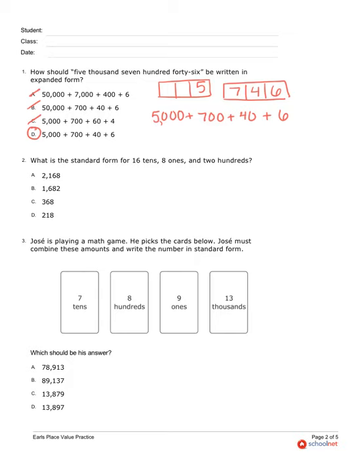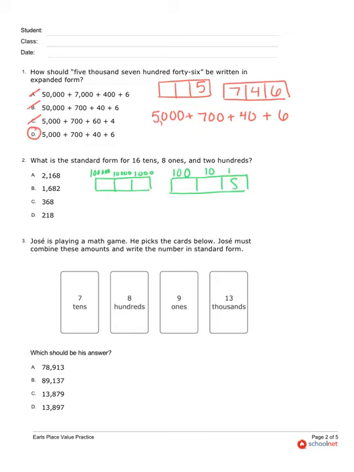When I look at number 2, it says what is the standard form for 16 tens, 8 ones, and 2 hundreds. So let's put that in our place value chart. I have ones, tens, and hundreds, then thousands, 10,000s, and 100,000s.